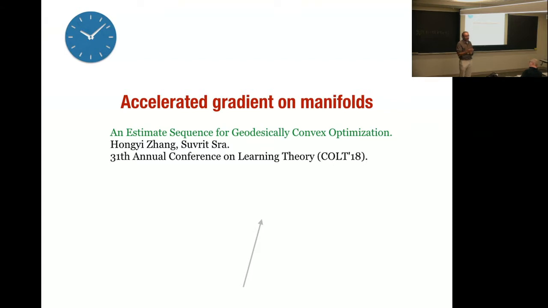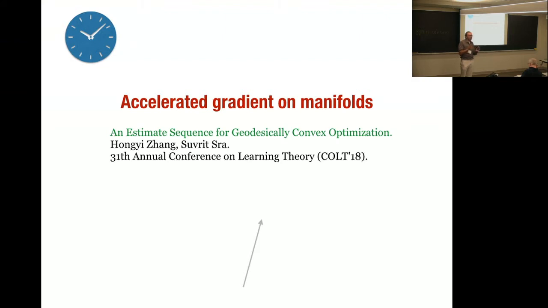But it turns out we could not. We could only prove that locally around the optimum we can discover an accelerated Riemannian gradient method, but globally we could not prove it.